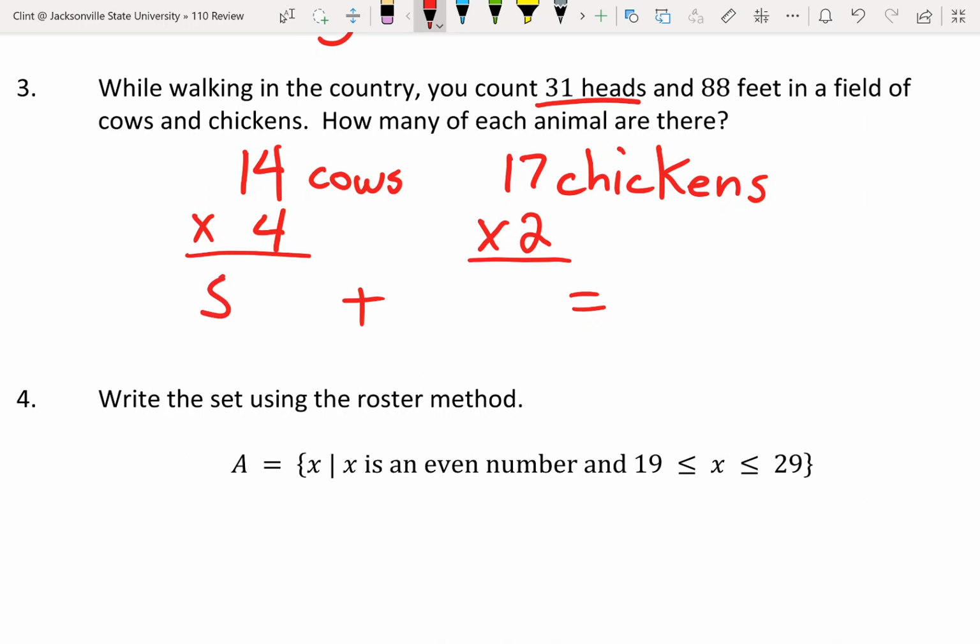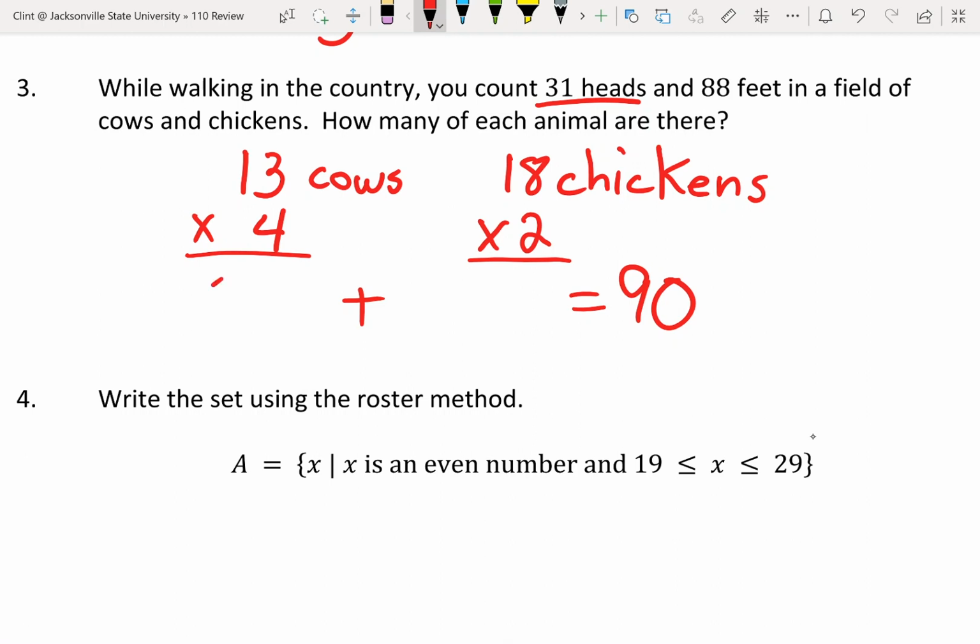That would be 56 cow feet, 34 chicken feet. That comes out to 90. We're getting closer, so that one's pretty close. So I'm just going to decrease the cows by 1 and increase the chickens by 1. So we'll go to 13 cows and 18 chickens.